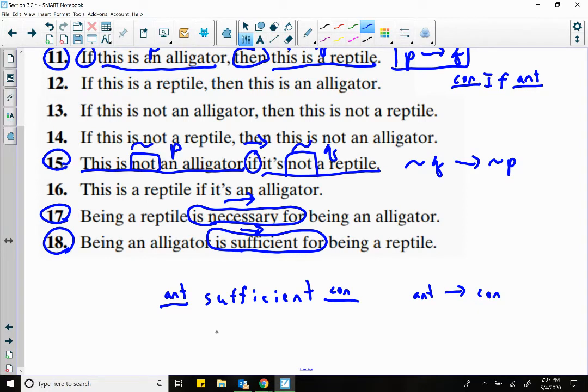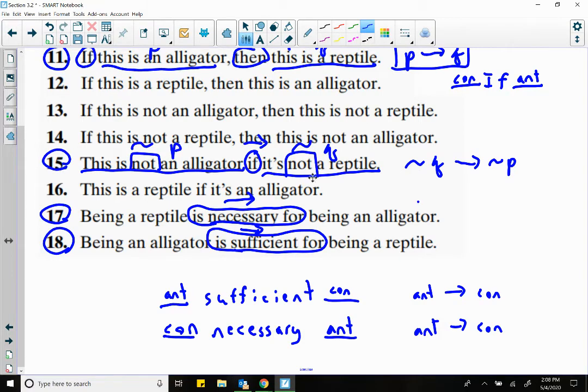Okay? The one that has necessary in the middle, that's the one that is written backwards. So the consequent is first. The antecedent is second. But you still have to write it antecedent, arrow, consequent. It's just written backwards. Okay? A lot like 15.